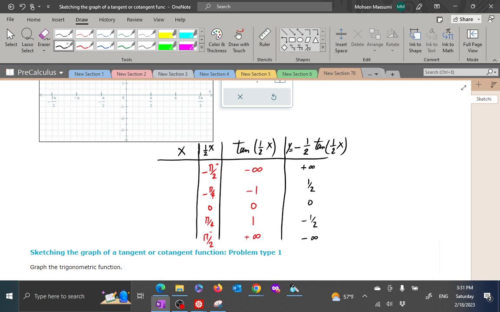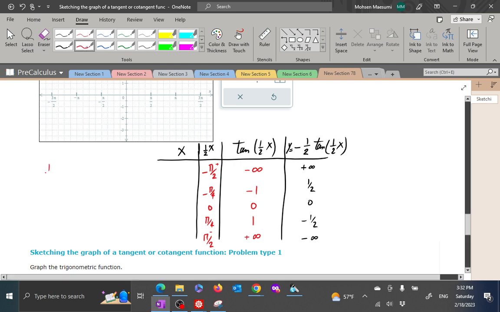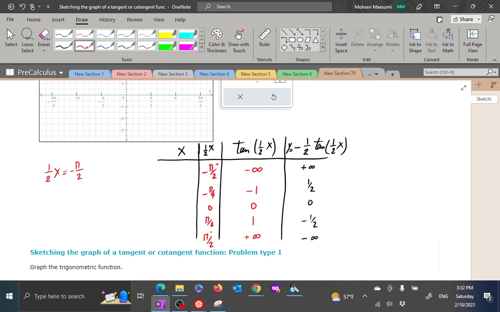The original x's are half of these x's, so it's going to be minus pi over 4, excuse me, big mistake. 1/2 x is equal to minus pi over 2, so the original x's are double of these, so it's going to be minus pi. Is that right? So I made a mistake.